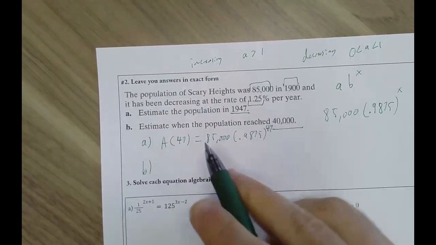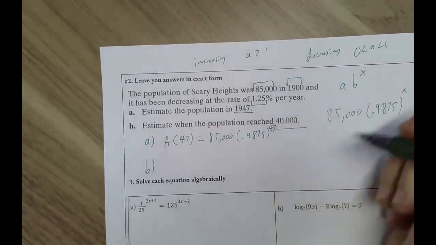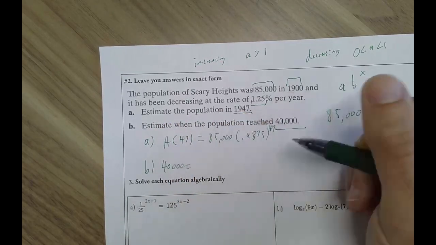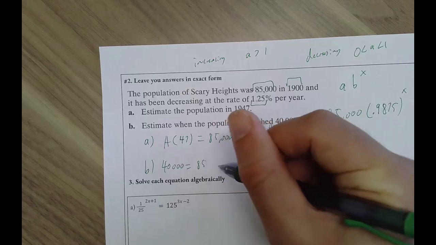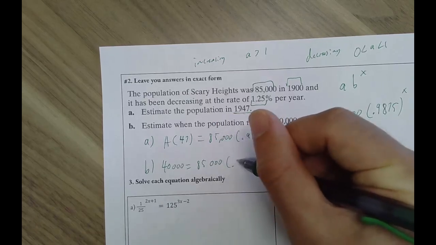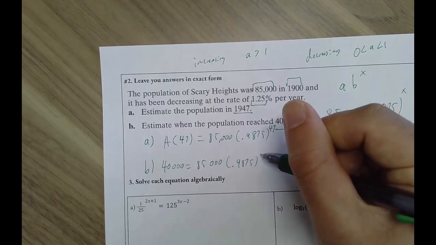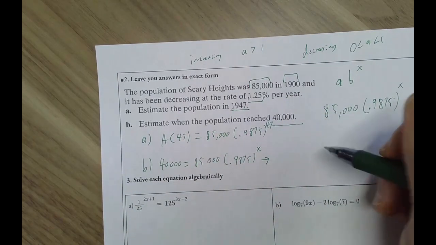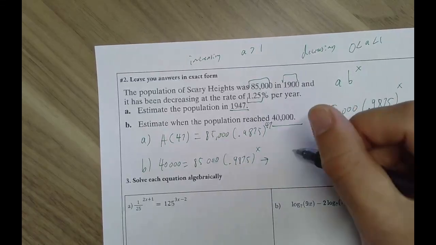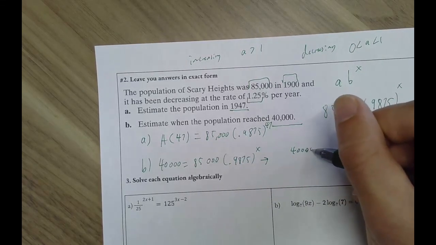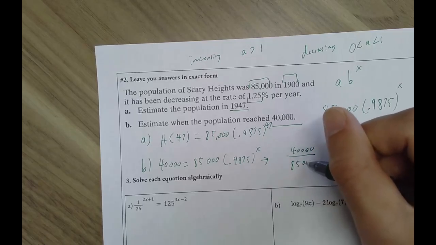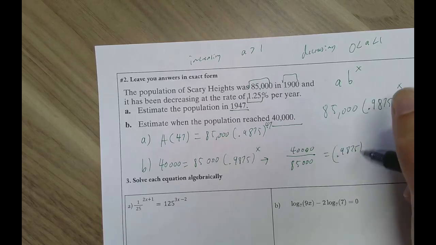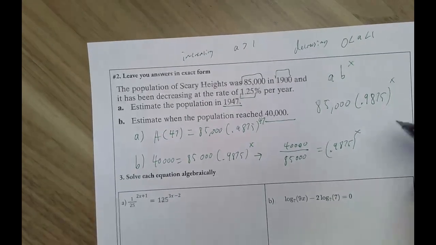For B, estimate when the population reached 40,000. So this is now solving for that x. We would say 40,000 equals 85,000 times 0.9875 to the x, some unknown. Then we would get this exponential alone, so 40,000 divided by 85,000 equals 0.9875 to the x. It's divided just to get that alone.